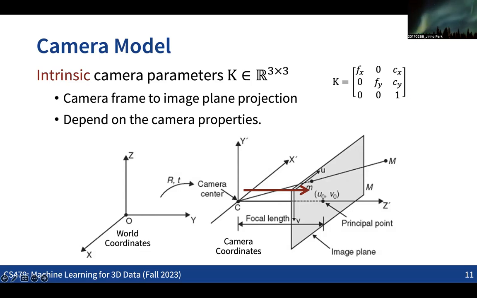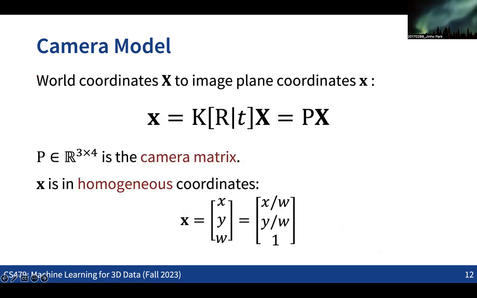So what we can see is that the mapping from 3D in the world coordinates to 2D in each image plane can be considered as multiplying by this camera matrix, which is a 3x4 matrix.